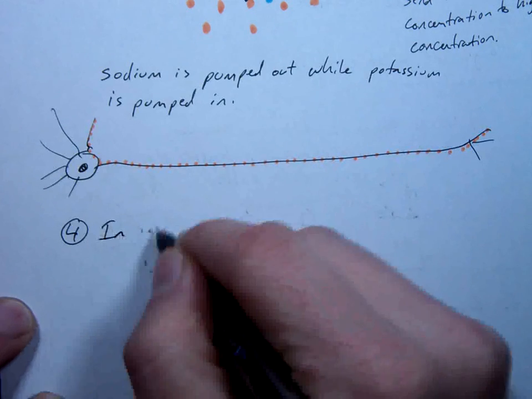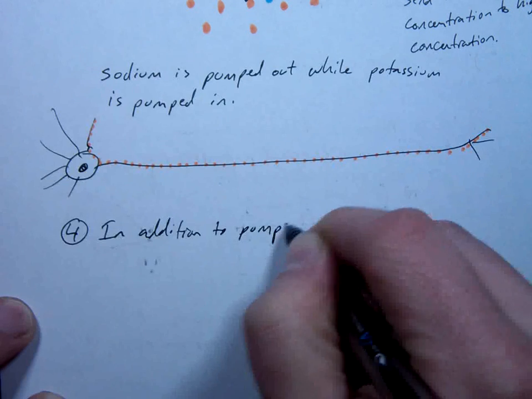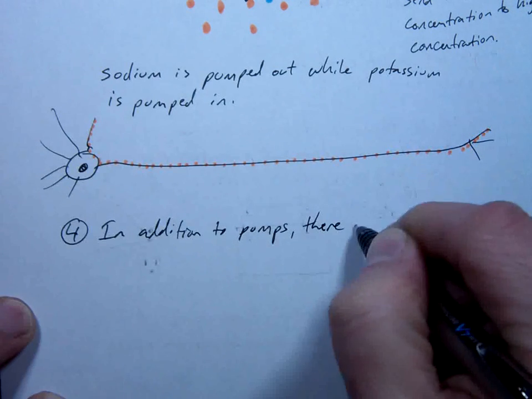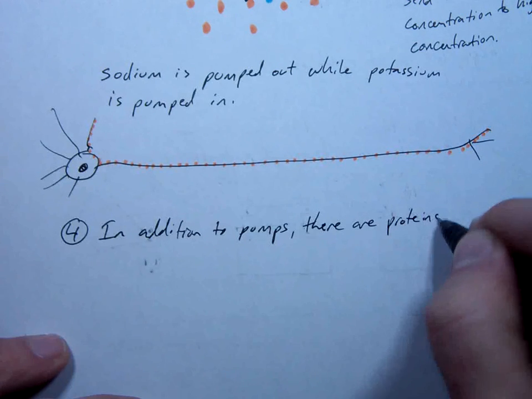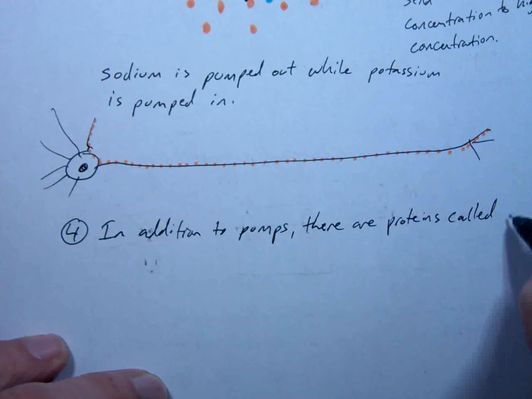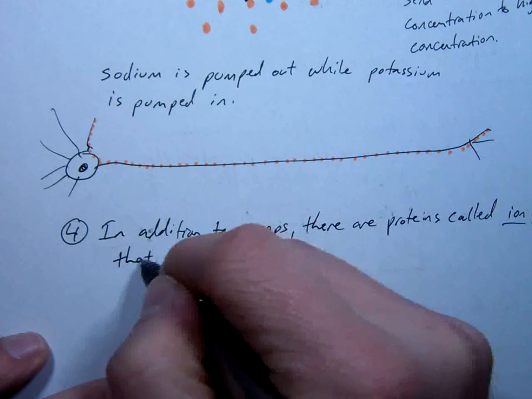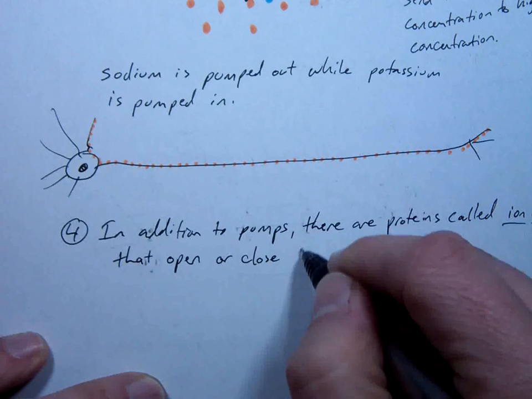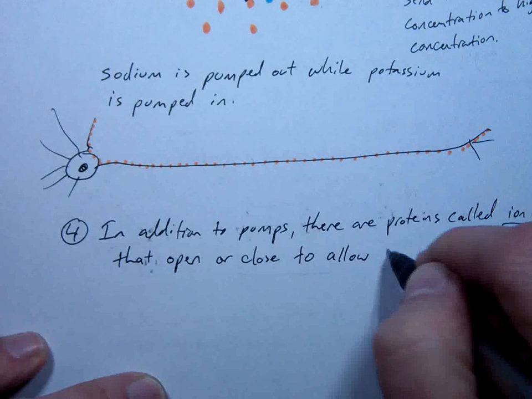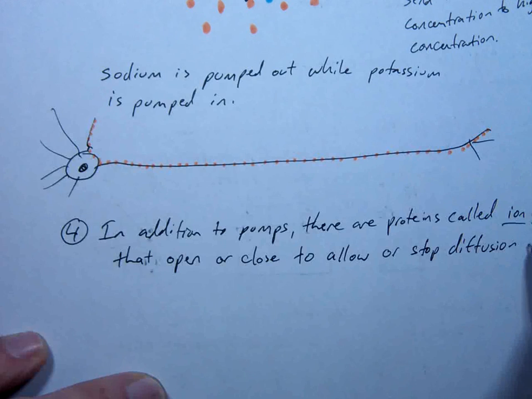In addition to pumps, there are proteins called ion channels that open or close to allow or stop diffusion of ions.